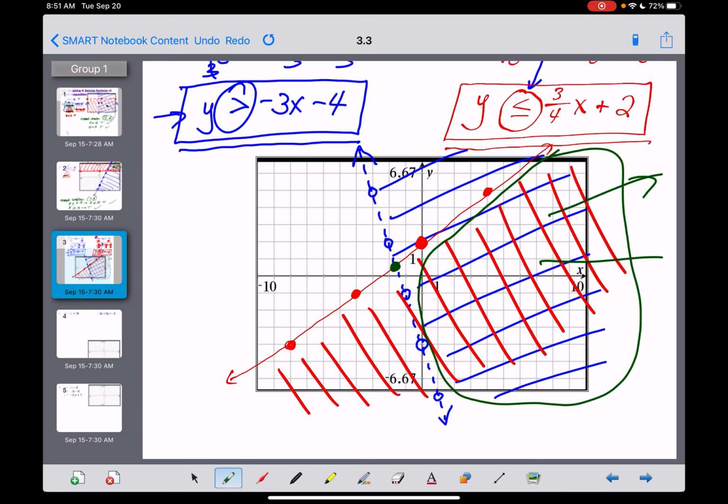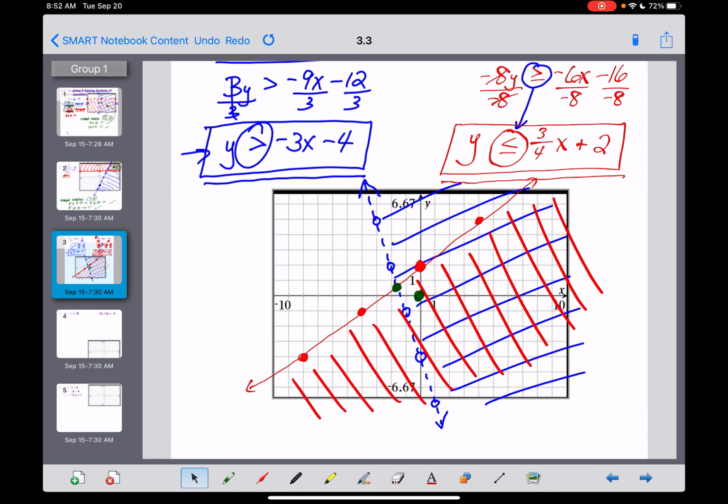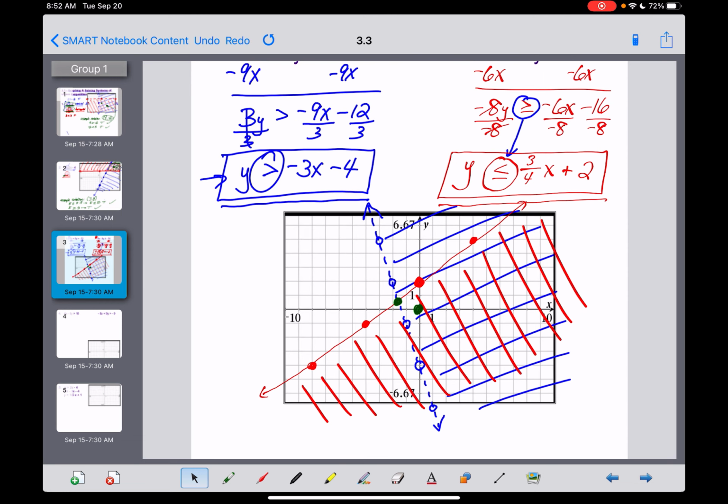And of course, remember, it goes on forever out here to the right and then kind of down there in that spot as well. And if I were looking for a solution, well, okay, I should get back to what I told you guys a while ago. The origin is the easiest point to think about, 0, 0. That point is in the double shaded region. So the origin should work here, guys. It should satisfy both of the original two statements.